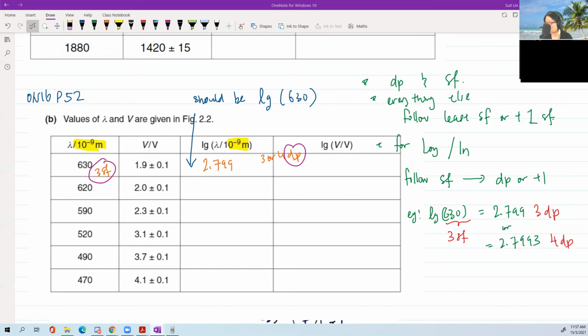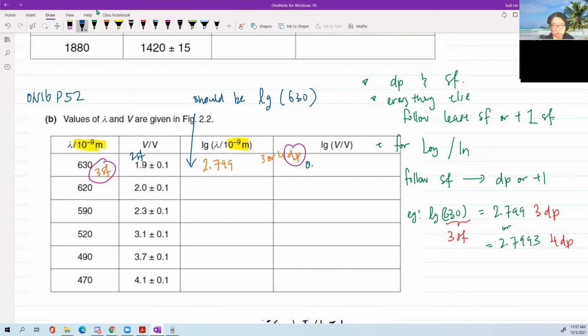Okay, so one last thing. Let's say you are asked to find the uncertainty, for example, for V. So you have two choices. Let's look at the first one. Let me do log 1.9. So this value here, again, this is 2SF. So I reach here, I can take 2 to 3 DP.